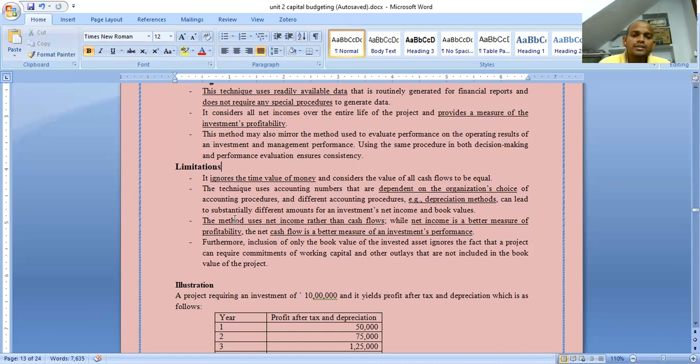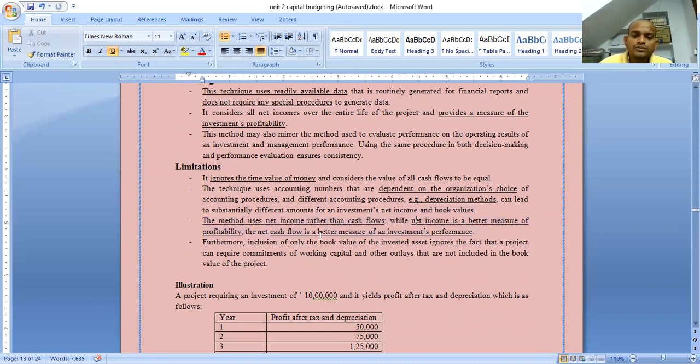This method uses net income rather than cash flows. This is another limitation. So what is the difference between net income and cash flows? Net income is a better measure of profitability.